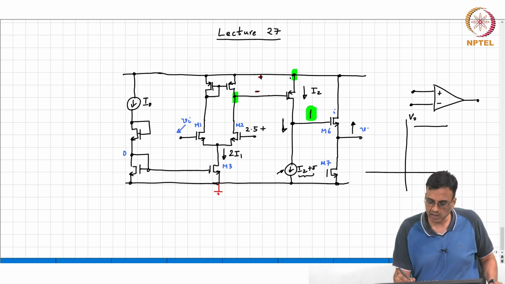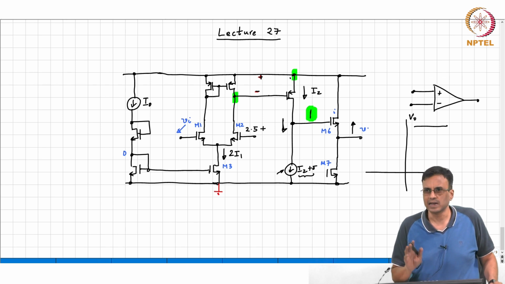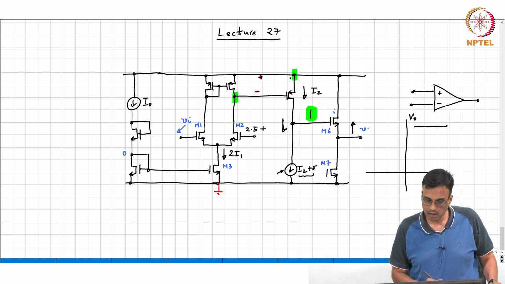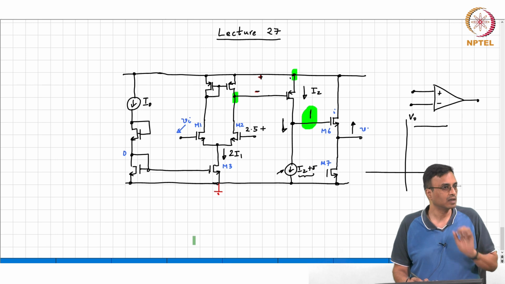What is the highest potential that gate can go to? Approximately, very approximately. VDD minus of which transistor? Where is M6? Yeah, the gate of M6, what is the highest it can go to? Delta V of which transistor?